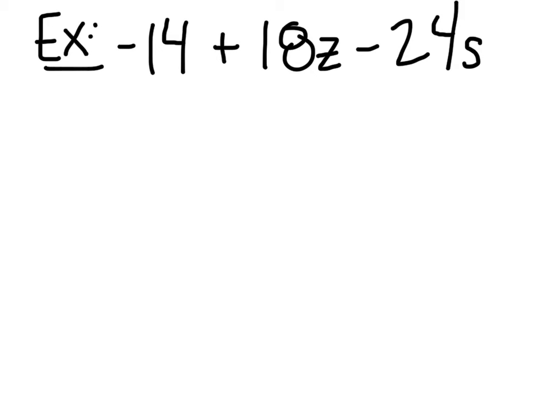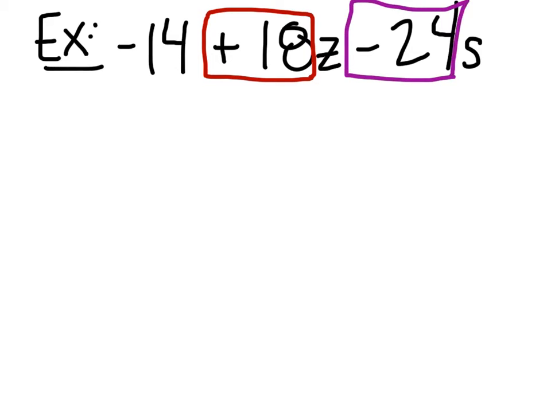What is the coefficient here of Z? Very good. It's a positive 18. You could just say 18. That's fine. Okay. All right. What is the coefficient of S? Very good. It's now a -24.